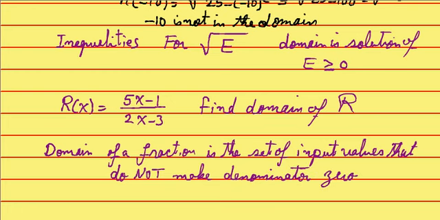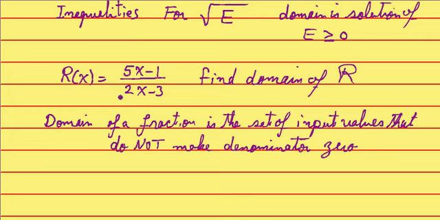You don't want to divide by 0. So intentionally you can just go ahead and set it equal to 0, play the devil's advocate, just set 2x minus 3 equal to 0. So you solve this equation. That gives us x is equal to 3/2.